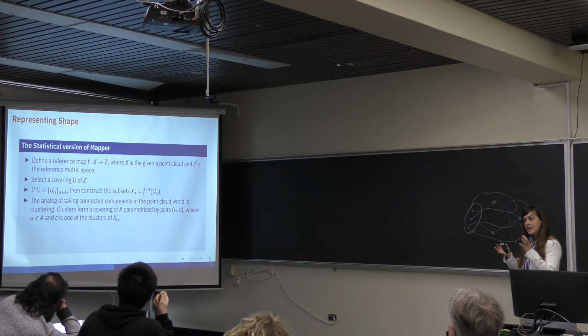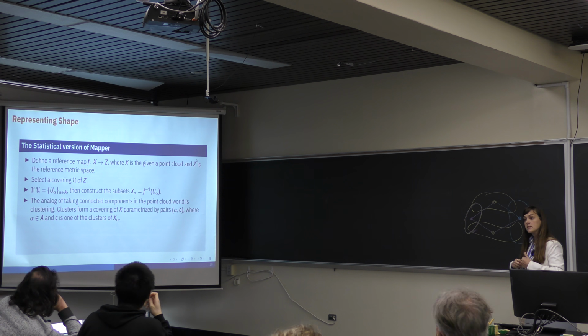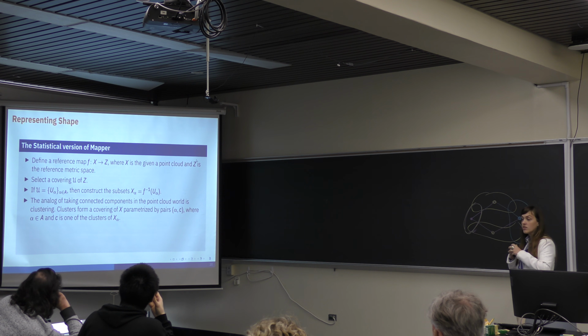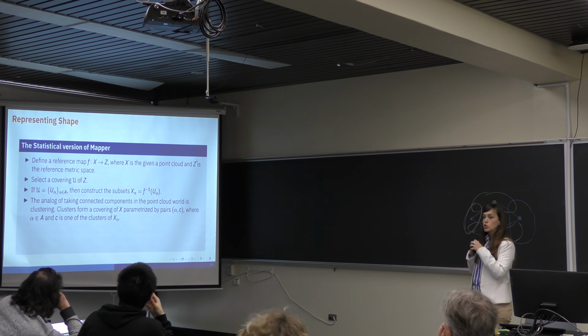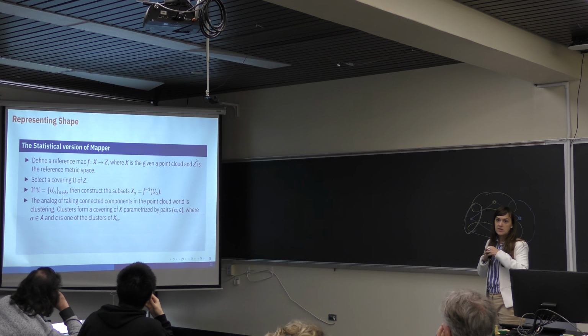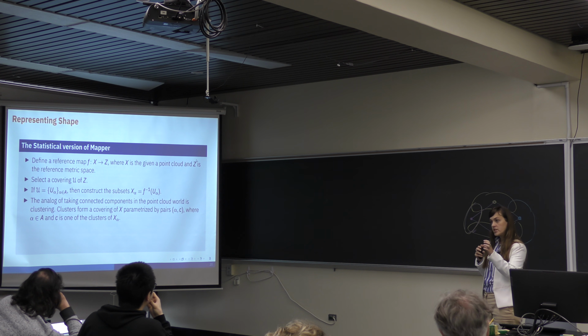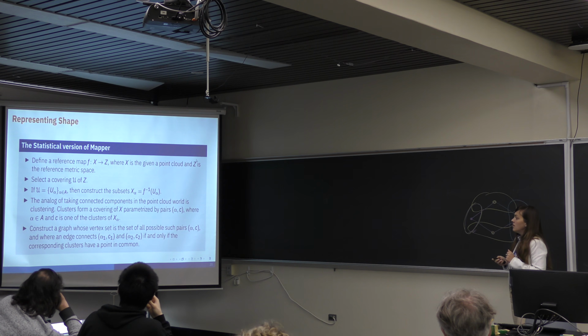So the idea is we proceed like with the topological version, we take pre-images, but then the analog of taking connected components would be to cluster. And of course this depends on the choice of the clustering. Once we have clusters, you imagine you put a vertex for every cluster, and when two clusters intersect, you connect them with an edge.